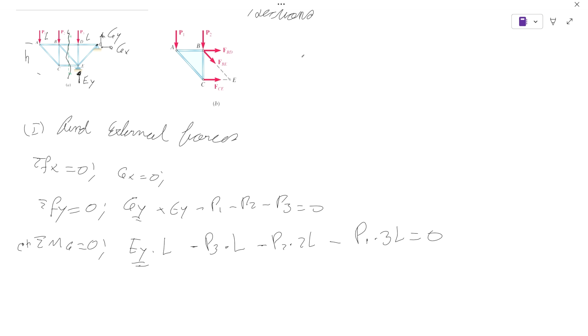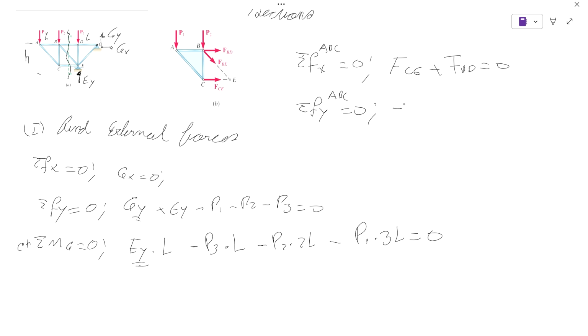And for that, we can then do a summation of forces for the element A, B, C. Summation of forces in X for element A, B, C is equal to 0. And then we have F_CE plus F from B to D is equal to 0. Summation of forces in Y for A, B, C equals 0.